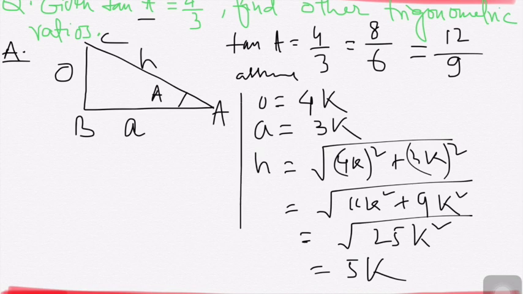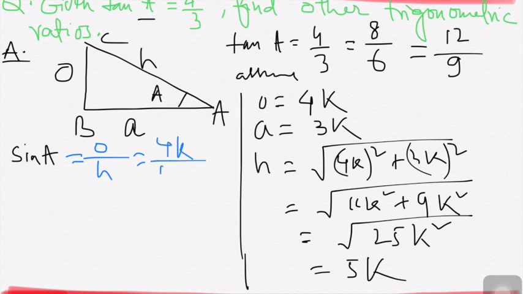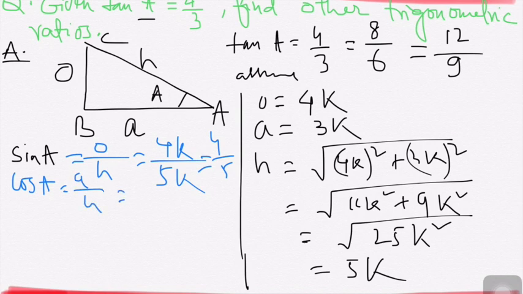Now we can easily write down the value of sin A. Sin A would be opposite by H, which is 4k by 5k. Hence we can write 4 by 5, and cos A equals adjacent by H, hence it would be 3 by 5.